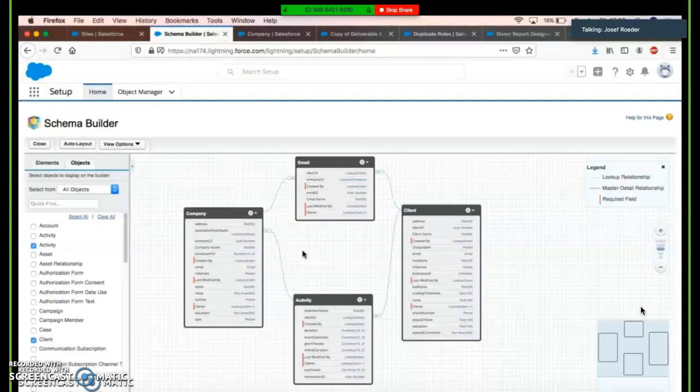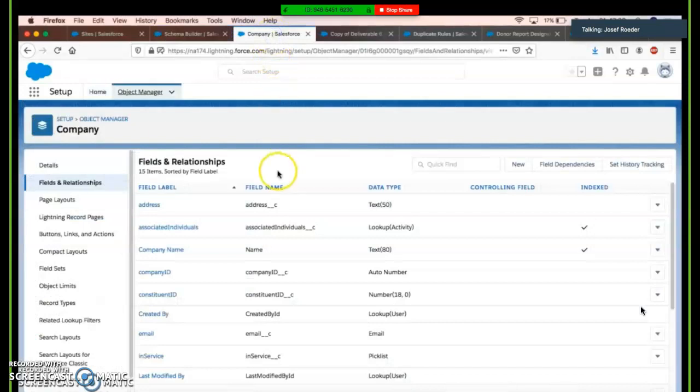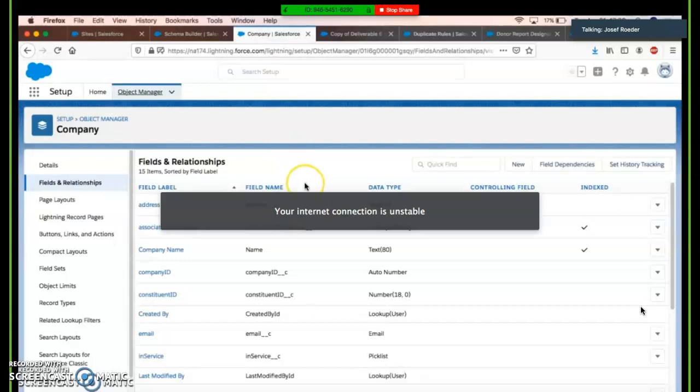Through the schema builder, we were able to create the 4 entities that we had thought of, and create the attributes and different relationships between them. So when it was time to actually import the data, we were able to utilize this database and maximize the potential that we had for this data.